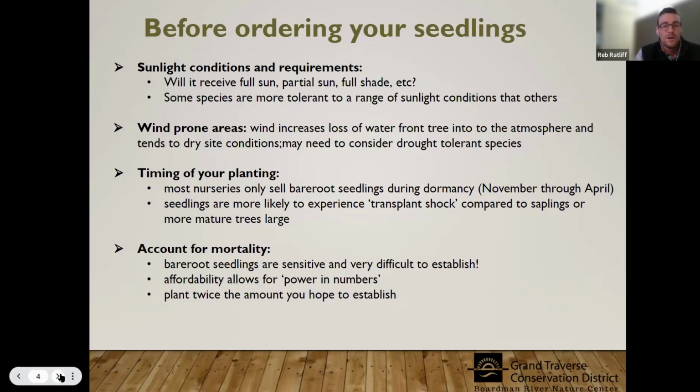So there's a lot of things that can go wrong, and even if you think you've covered everything, sometimes you're just better off going with the power in numbers approach. And don't get frustrated. I always want to encourage that. Don't get frustrated if a lot of your little seedlings don't live the first year. Next slide, please.